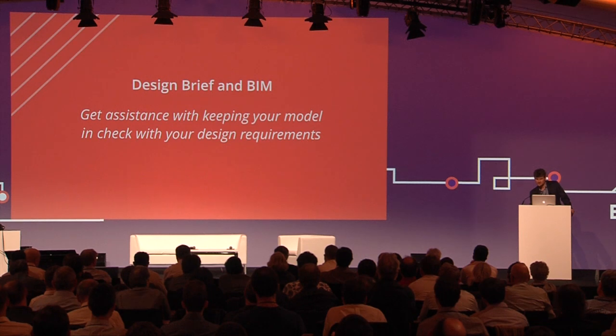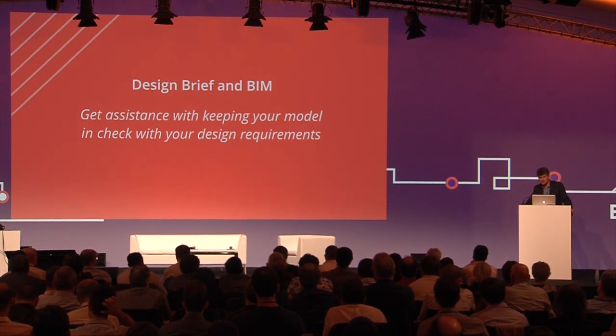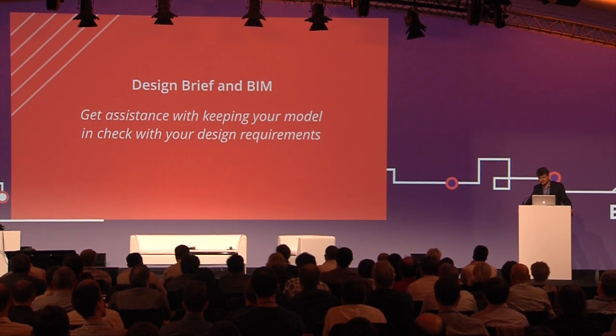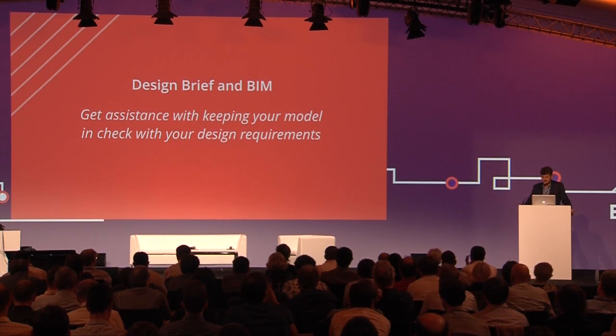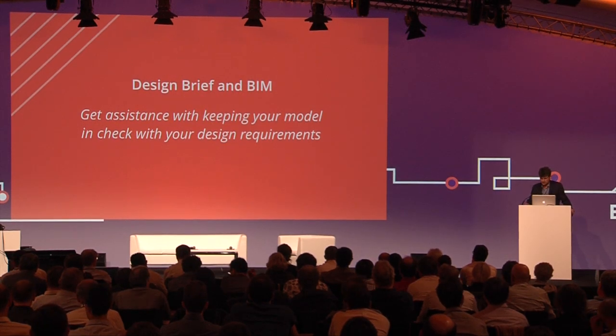The next topic I want to talk about is how you get your model in check with your design requirements. This is a new area we're currently exploring, and it's the idea that if you start a project, you have some design requirements. In literature, this is often called the design brief.